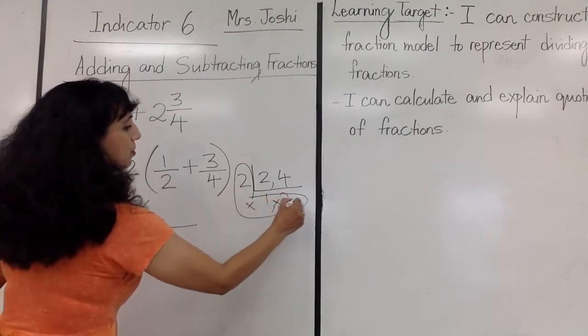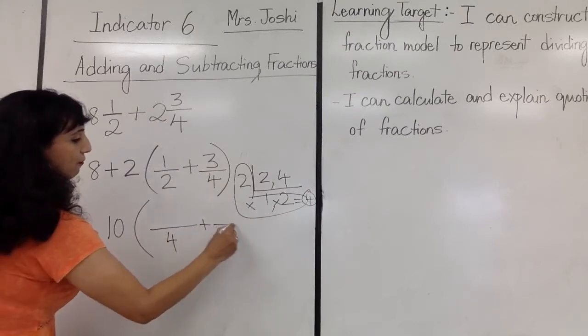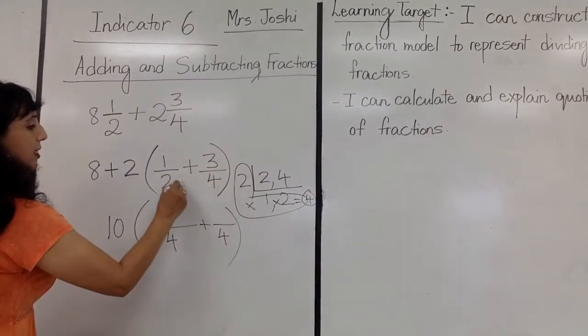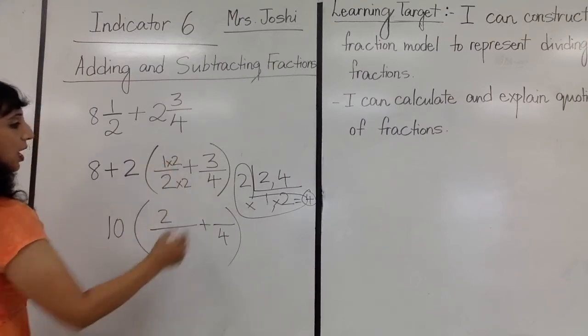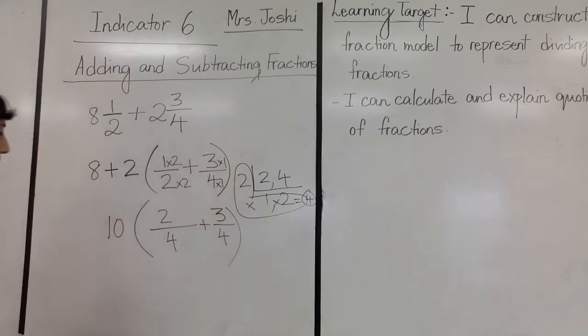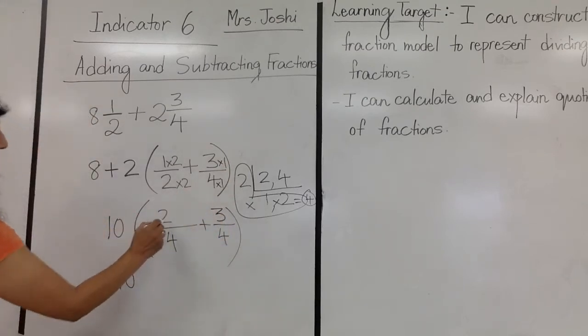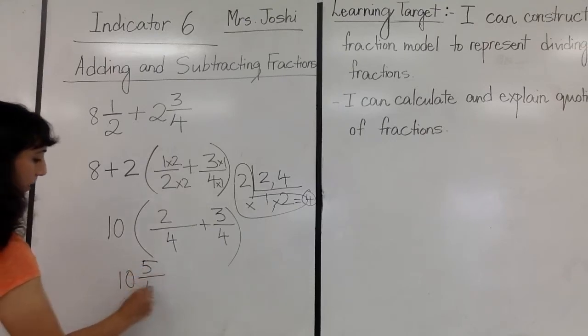So 1 times 2, so it is 4. So if I wrote 4 here plus 4 here, I know that times 2, same thing to the numerator, which is 2, times 1, which is 3. So I get 10, and 3 plus 2 is going to be 5/4.